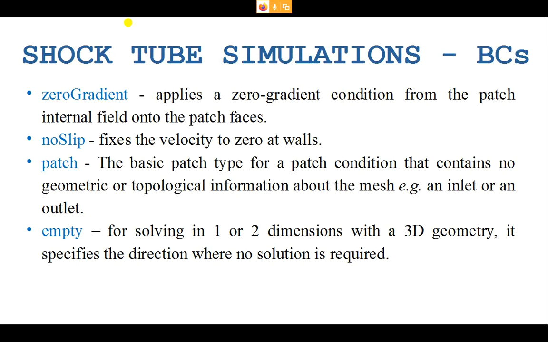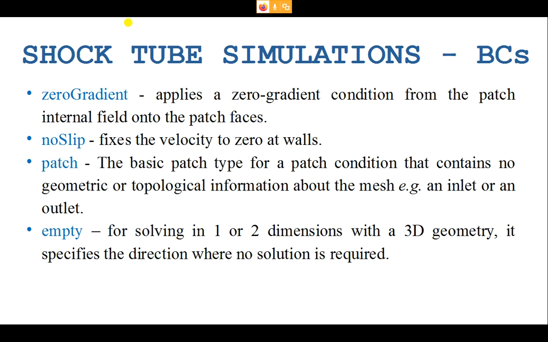So what we essentially did is, at the open end, we gave a zero gradient condition, which means inside the pipe and outside the pipe the value of pressure, temperature, or velocity will be the same. That's where you have the zero gradient condition. The walls are given no slip conditions, which means velocity is 0 on the surface of the wall. Then there are patch surfaces, where you can fix a particular plane with a particular boundary condition.